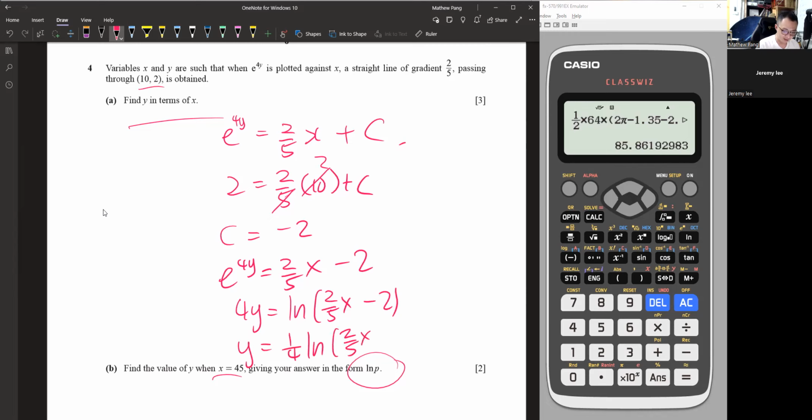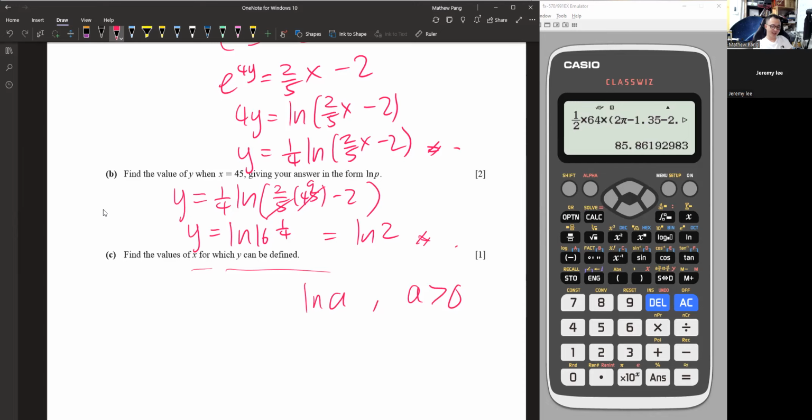Because we know for ln a, a must be bigger than 0, right? So in this case, we have ln(2/5 x − 2). Therefore, 2/5 x − 2 must be bigger than 0. Then 2/5 x must be bigger than 2, then x must be bigger than 5. You got the idea how to find the answer, right?